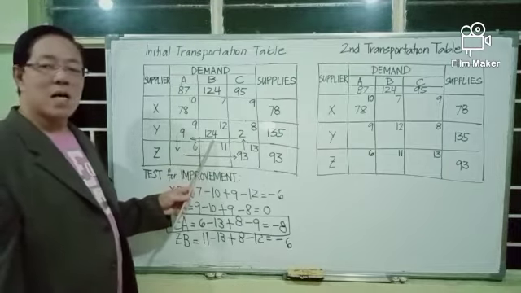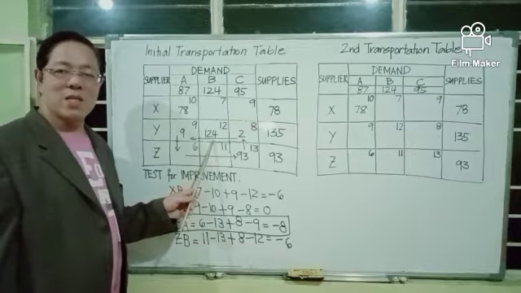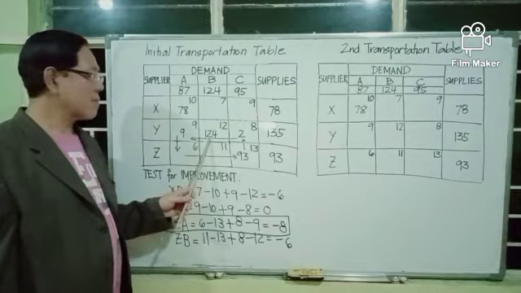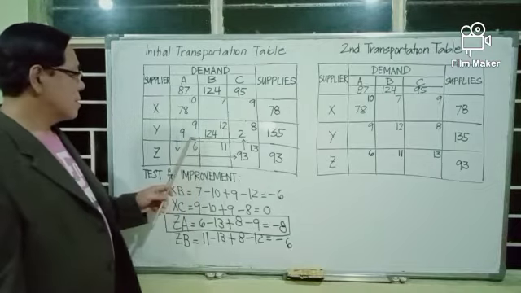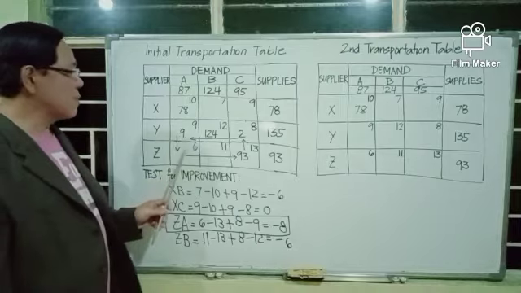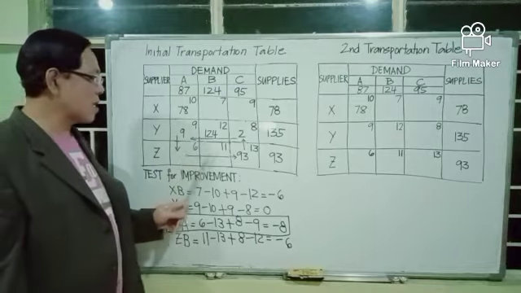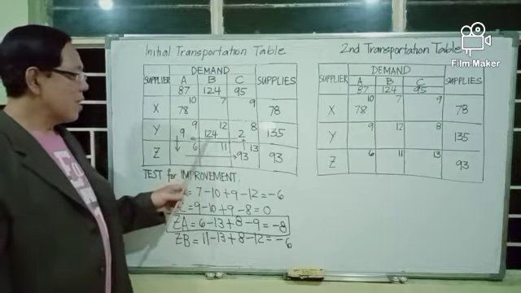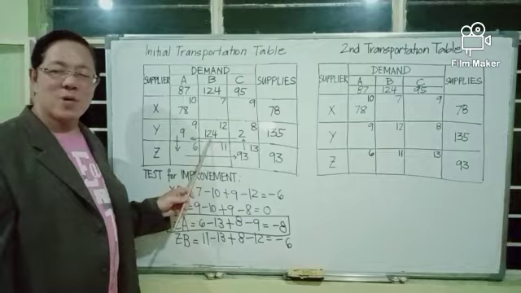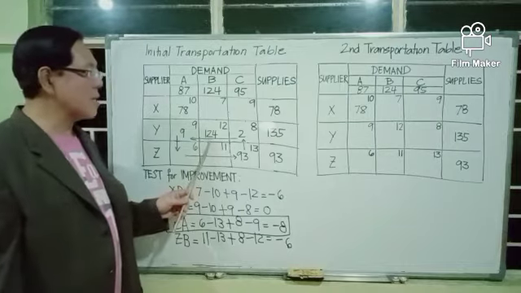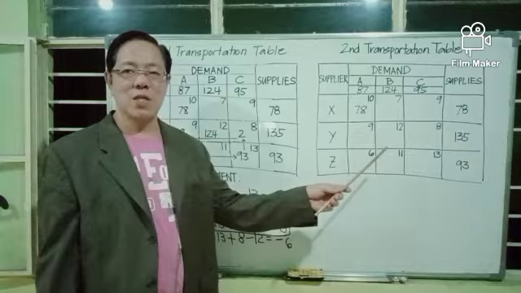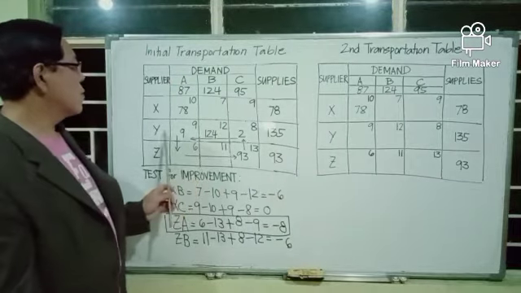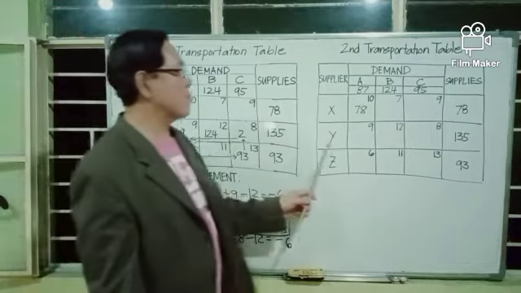The same with 124, because we skip 124 and 124 is not in the path. For the closed path for the vacant cell ZA, we only stop at 93, at 2, and at 9. But we skip 124, thus 124 will remain as is in the second transportation table. And we write now 124 to be 124.